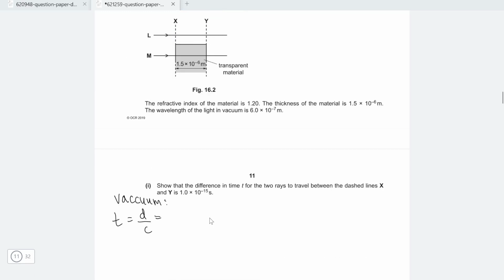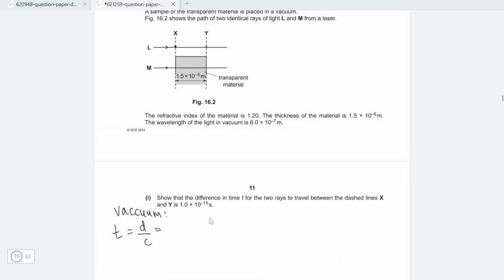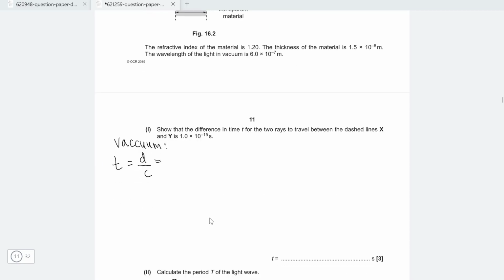Now the distance is just this distance over here, which is 1.5 times 10 to the power of minus 6. So that's going to be 1.5 times 10 to the power of minus 6 divided by the speed of light, which is 3.0 times 10 to the 8. Plugging that into a scientific calculator, we're going to get 5.0 times 10 to the power of minus 15 seconds.